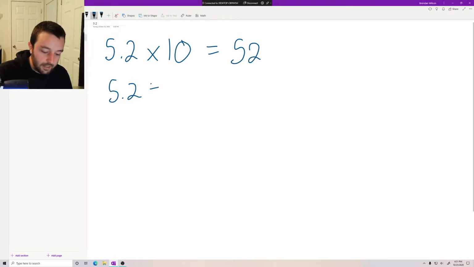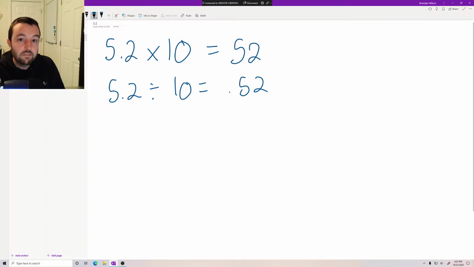And if we divide by 10, this is equivalent to moving it to the left one time. So we would get 0.52. And we're going to use this fact quite a bit when we are doing some things like division. And you could also use this for multiplication as well to make some of those problems easier.